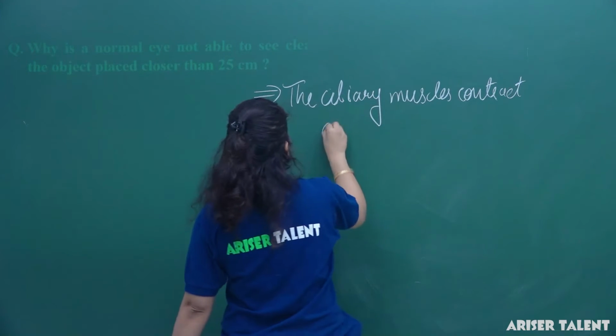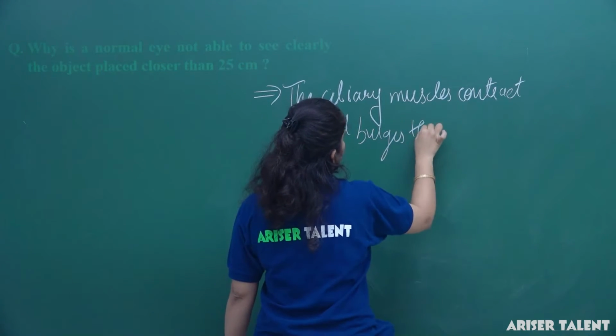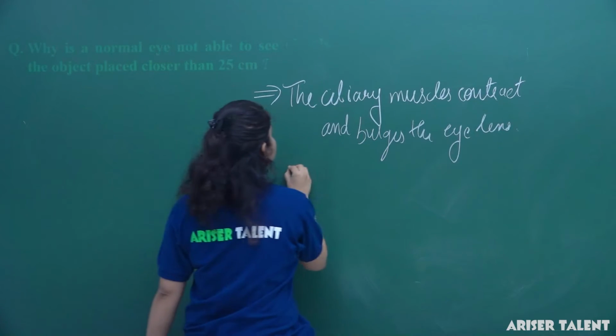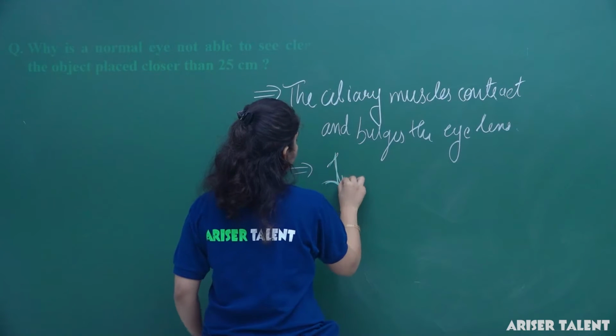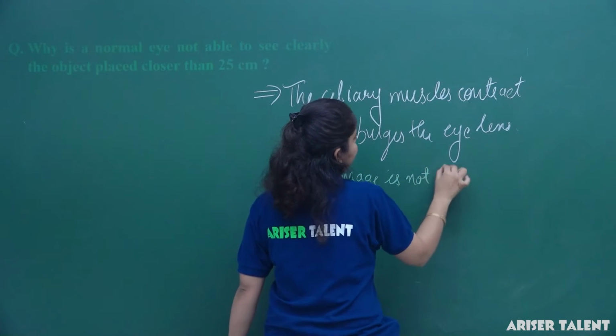The ciliary muscles contract and bulge the eye lens, and in this case the image is not formed on the retina.